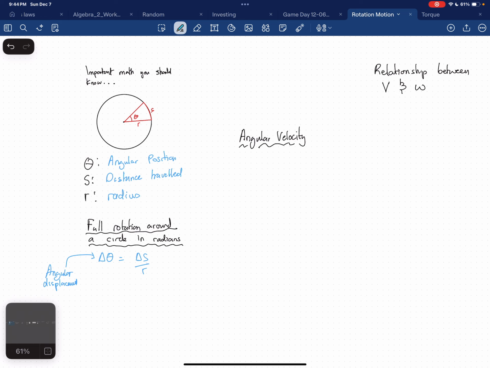I'll say delta theta is equal to 2 pi r over r. I divide by r because the r is over there, then the r's cancel. And I see that the total displacement for a full circle is really 2 pi radians, 2 pi rad.